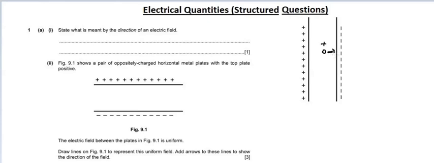So we can say the direction of the electric field is the direction of the force acting on this positive charge, because the electric field is directed from the positive plate to the negative plate. The force acting on this positive charge should be towards the negative charge. So we can write the direction of the electric field in terms of the electric force.